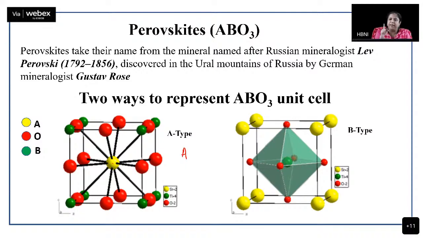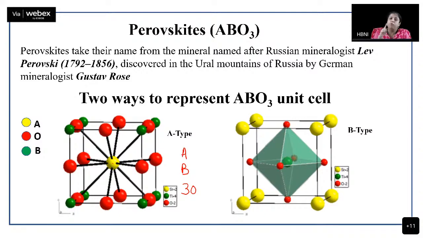So 8 into 1 by 8, we have 1 B. We have 12 oxygens at 12 edges, each edge contributing 1 by 4 to a particular cube. So 12 into 1 by 4, 3 O. So that means my unit cell has got one formula unit of ABO3. I hope this is all right.